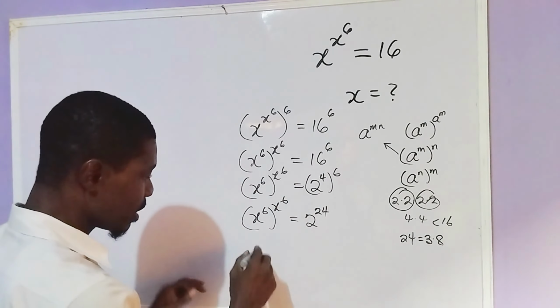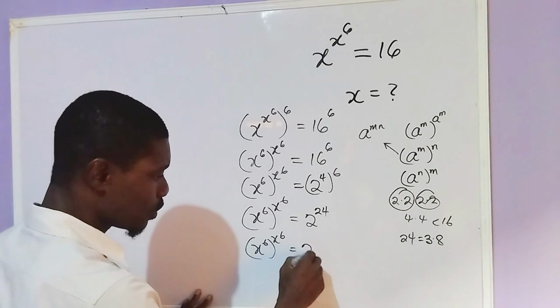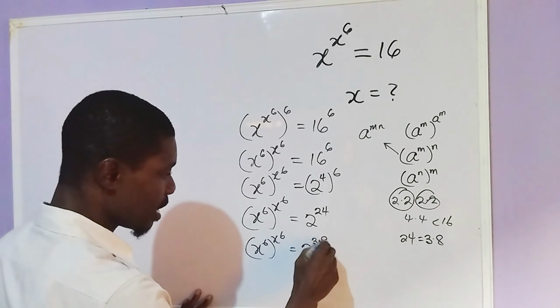By doing that, we have x to the power of 6, raised to the power of x to the power of 6, equals 2 raised to the power of 3 times 8.